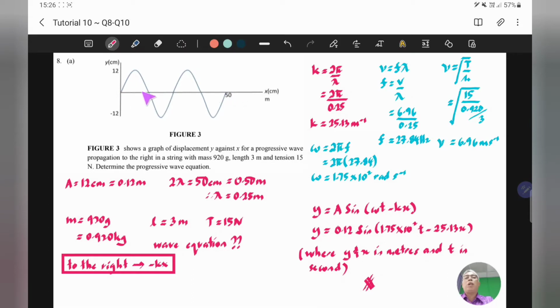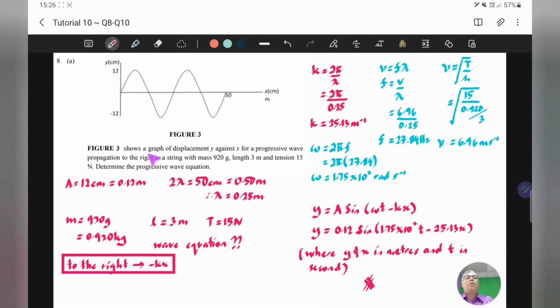This is the total length of 2 lambda. So 2 lambda equals 50 centimeter, or we convert it to meter, which is 0.50 meters. So that we may calculate lambda, where lambda equals 0.25 meters. Okay, so amplitude and lambda are given already.